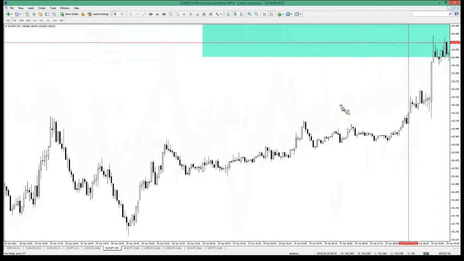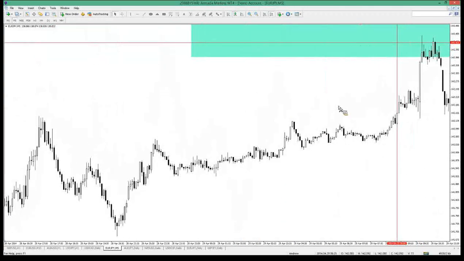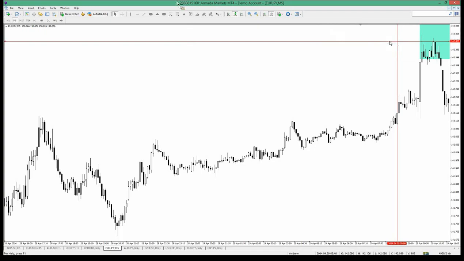So you'd see how we've got this area up here, and we've got this nice clear-cut range as base. Okay, and this is happening at a key level of resistance.